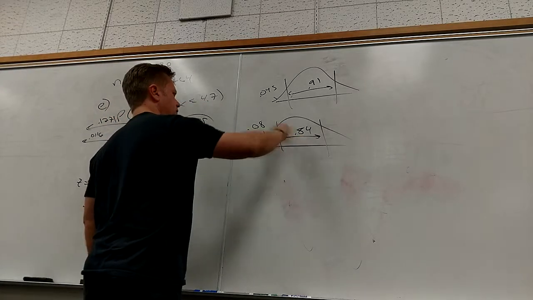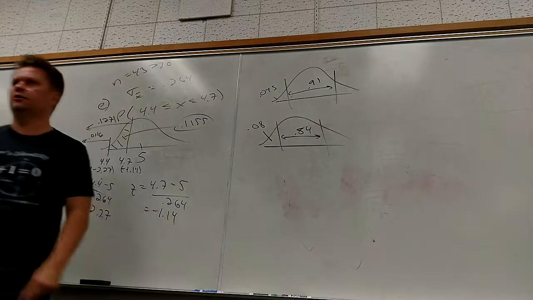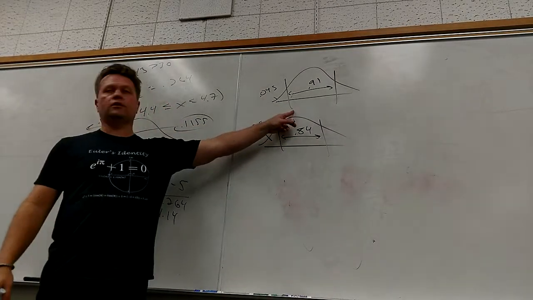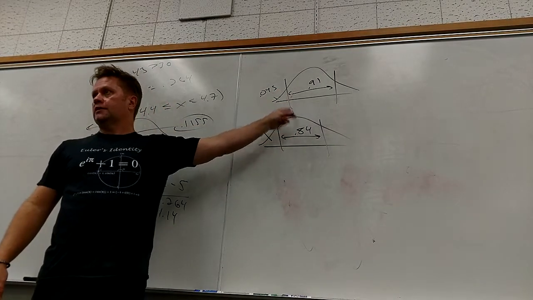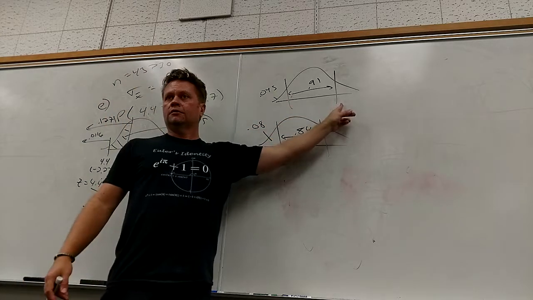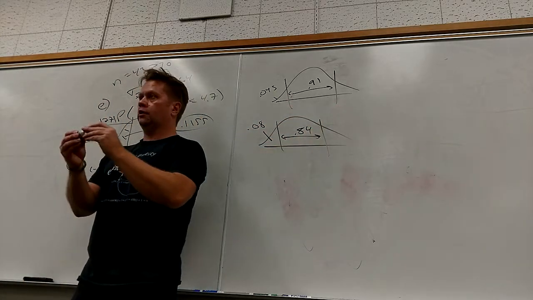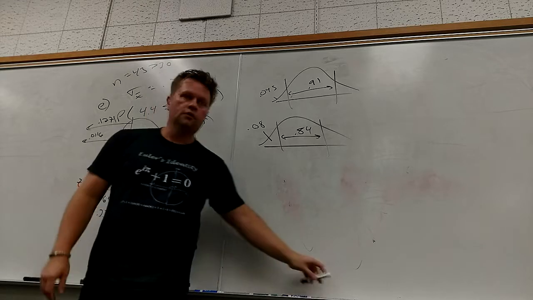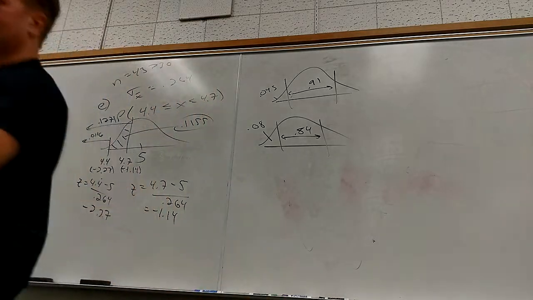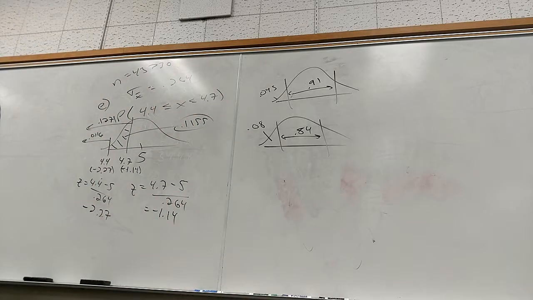If there's 84 in, there's 16 out, there's 8% on that side, you look at 0.08. And why do I only have to look at that one z-score? If that's negative 1.7, that's got to be symmetry. Look at the word. It's symmetry.